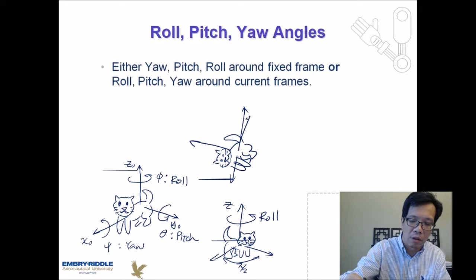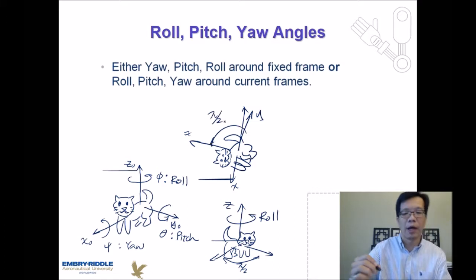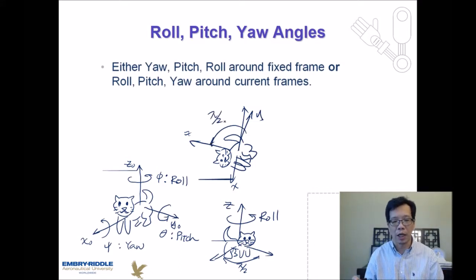So it should be like this. This is going to be y, this is going to be x, this is going to be z. But we have rotated over pi. So this is how we use those kinds of terms to define our rotation.